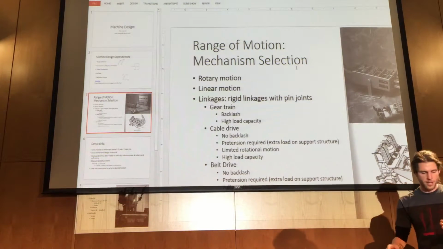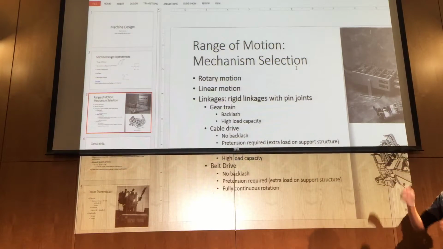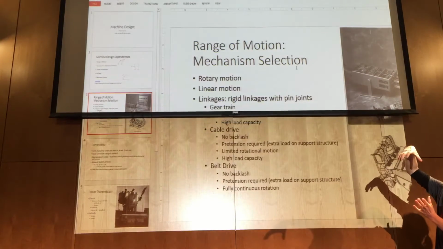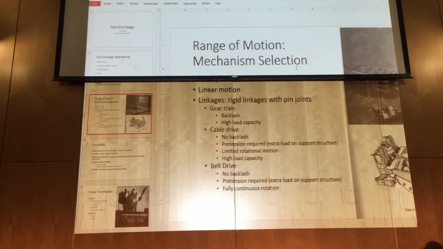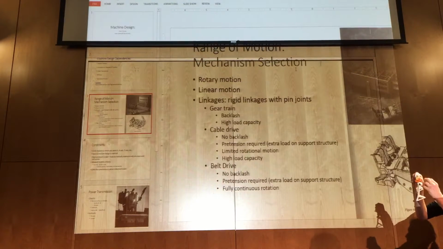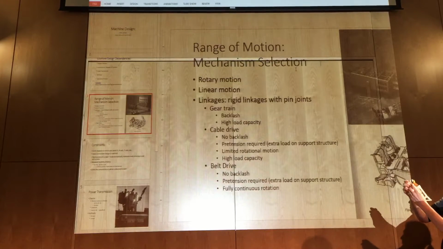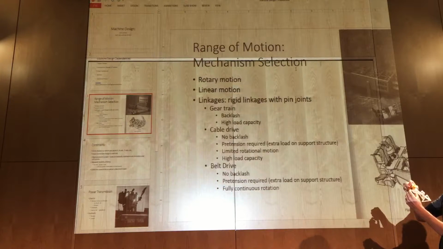So what I mean by that is, you've got these linkages, and they're just moving back and forth. Well, a belt drive is just you hook a belt onto either side of those two wheels, and as you rotate the wheel, the belt moves. Here's a little belt drive, and I just have these two pulleys with a belt connecting them, and they rotate around each other. What the belt's doing is basically setting a constraint, saying that the distance between this point and this point can't change. And same thing on this side.